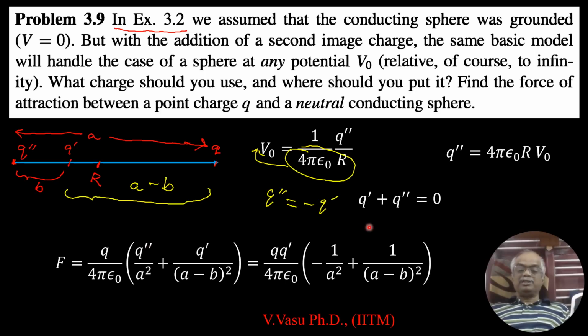Now we got that q double prime is equal to minus q prime, so you can take q prime outside as a common factor. So this will become q into q prime over 4 pi epsilon naught times minus 1 over a squared plus 1 over a minus b whole squared.